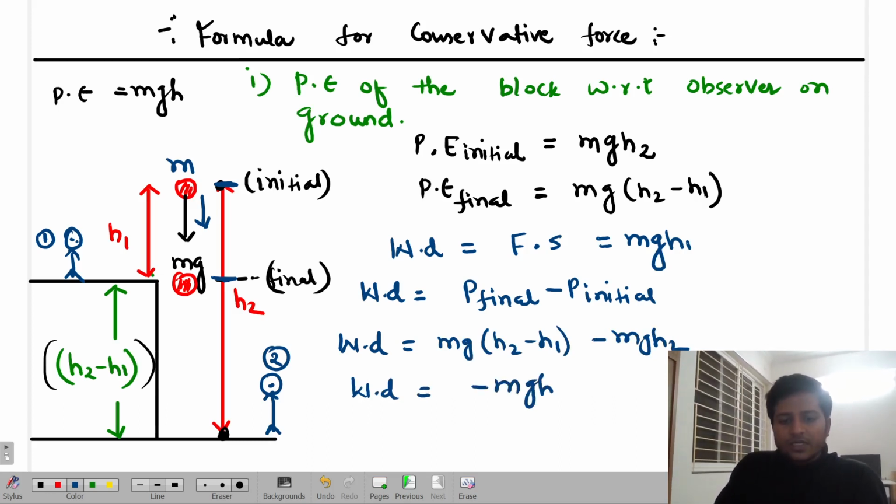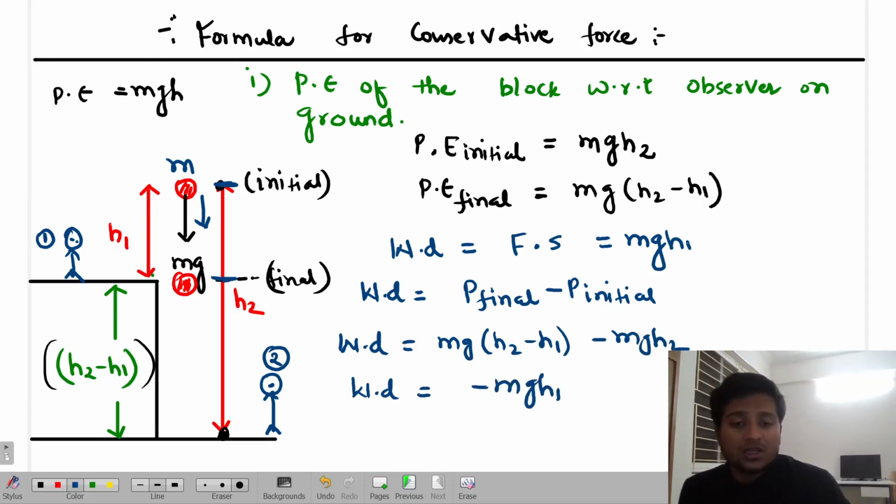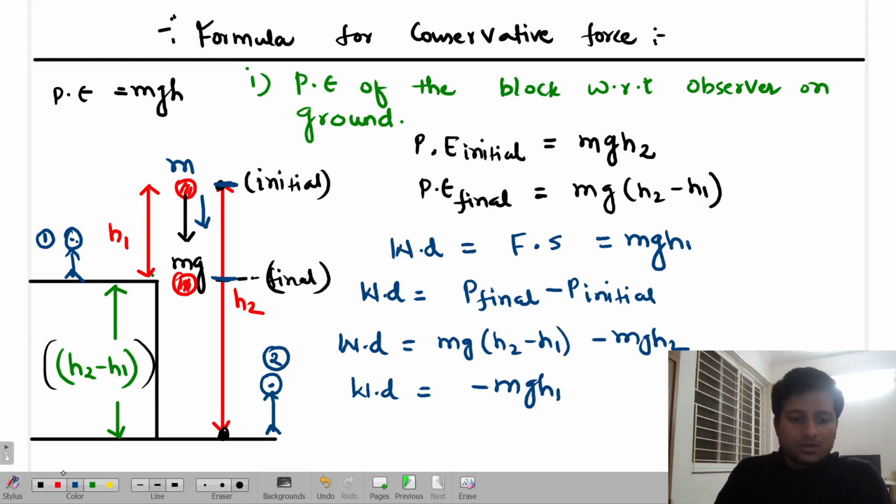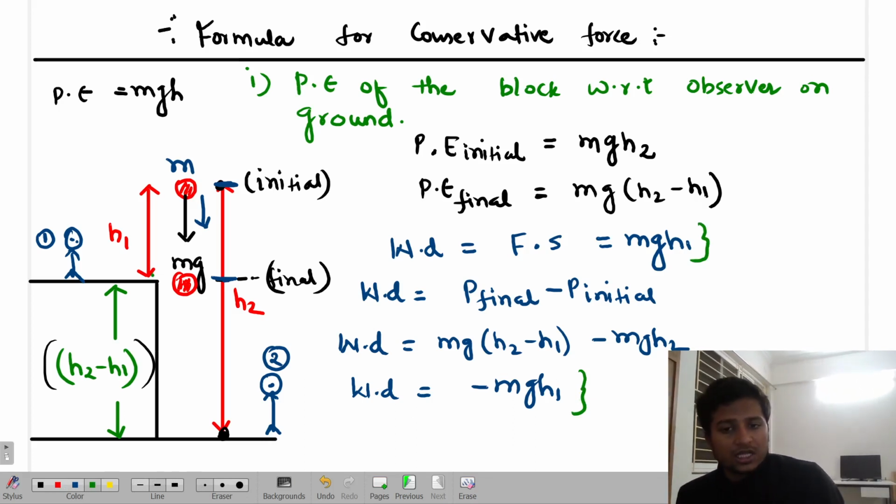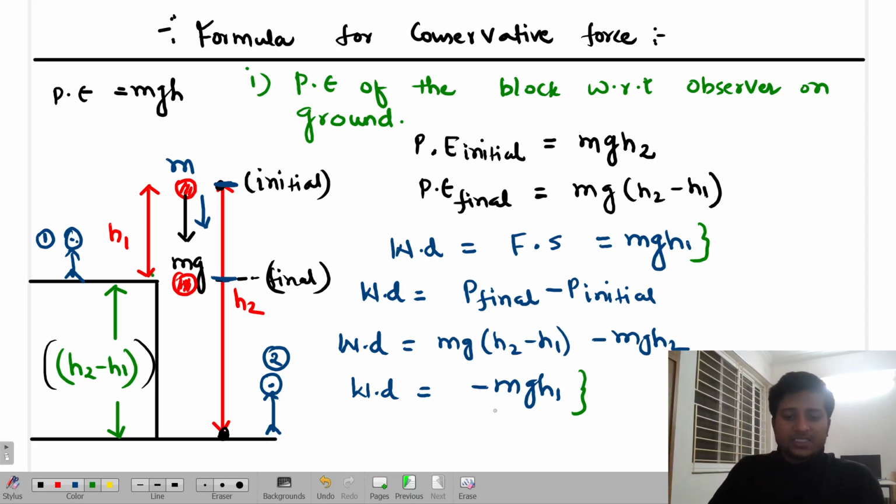Minus of mg into height, how much? H1. Are you able to get me or not? Yeah. So now I'm getting minus if I use the potential energy formula. But if I use force into displacement, what am I getting? Plus. So if I see the magnitude, the work done is the same.